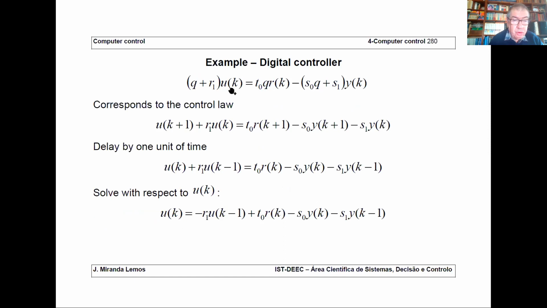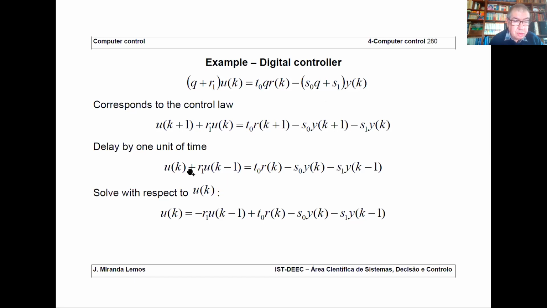And R1 U of K is just R1 times U of K. And T0 Q times the reference is T0 times the reference at K plus 1, and the same thing for Y. Now, if you delay everything by a unit time, you get U of K plus R1 U of K minus 1, etc. So this is just the expression above delayed by 1.